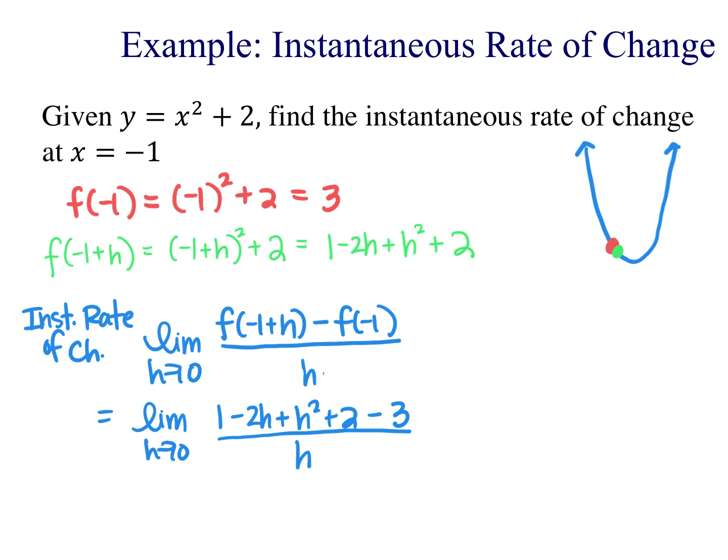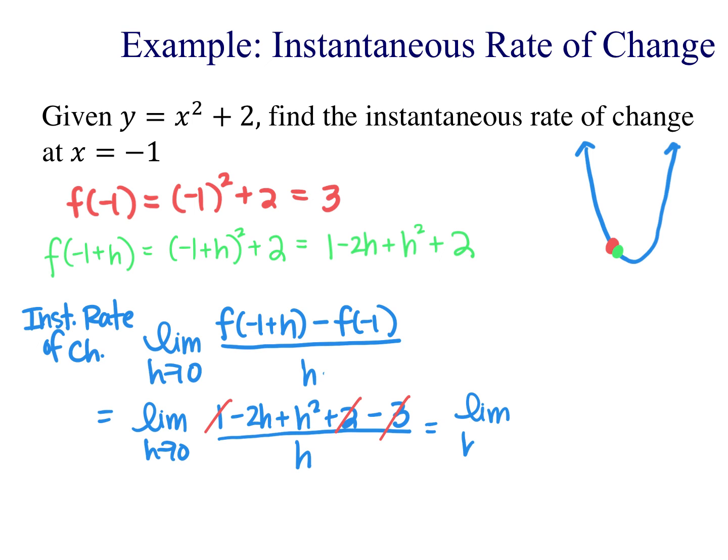Okay, what happens in the numerator? Okay, so 1 plus 2 minus 3. Those are all gone. Okay. Algebraically, the next step is to factor, because the numerator has a term that's negative 2h, and the numerator has an h squared, so what do they have in common?